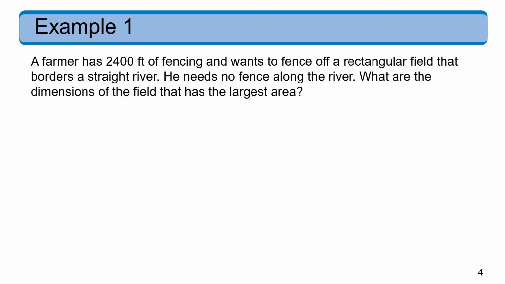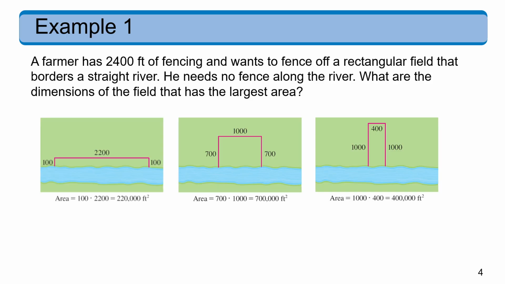So if we first just started thinking about the problem as we're reading through it, it might help to make a few sketches or at least visualize in your head some possibilities for how I could construct this field. So one example we see here, right? Notice we've chosen dimensions here just as an example.